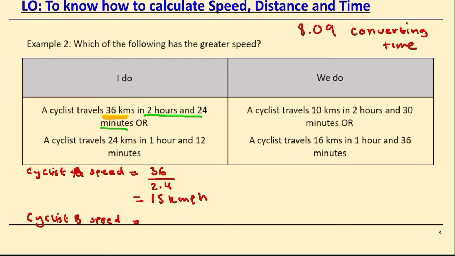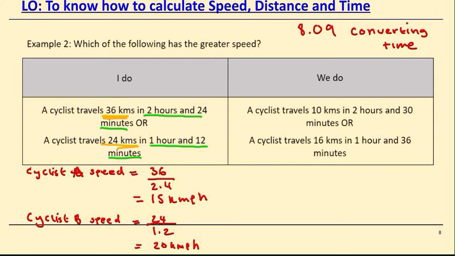And what we get is 24, because that's the distance, over 1 hour, 12 minutes. When we convert 12 minutes into hours, we get 0.2. We add that to the 1 hour, and we get 1.2. So it's going to be 24 divided by 1.2. And our answer is going to be 20 kilometers per hour.